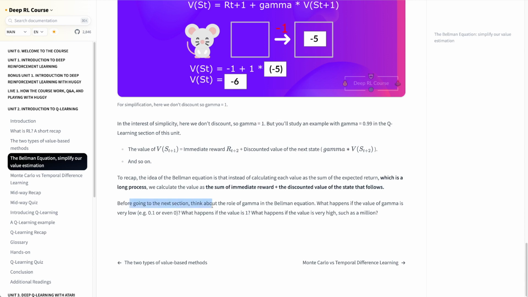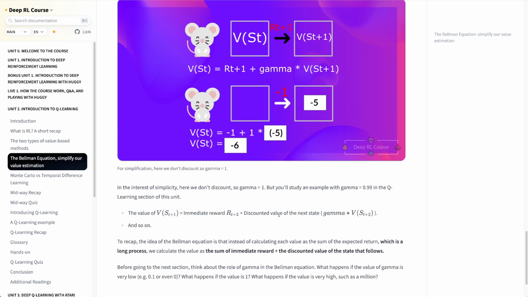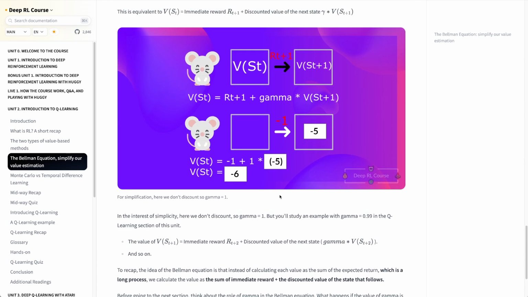Great, so before going on to the next section, thinking about the rho of gamma and the Bellman equation, what happens if the value of gamma is very low? What happens if the value is 1? What happens if the value is very high, such as 1,000,000? We talked about this before: if you see yourself as the agent and gamma is 1, then $1 for you today is the same as $1 10 years from now, right?